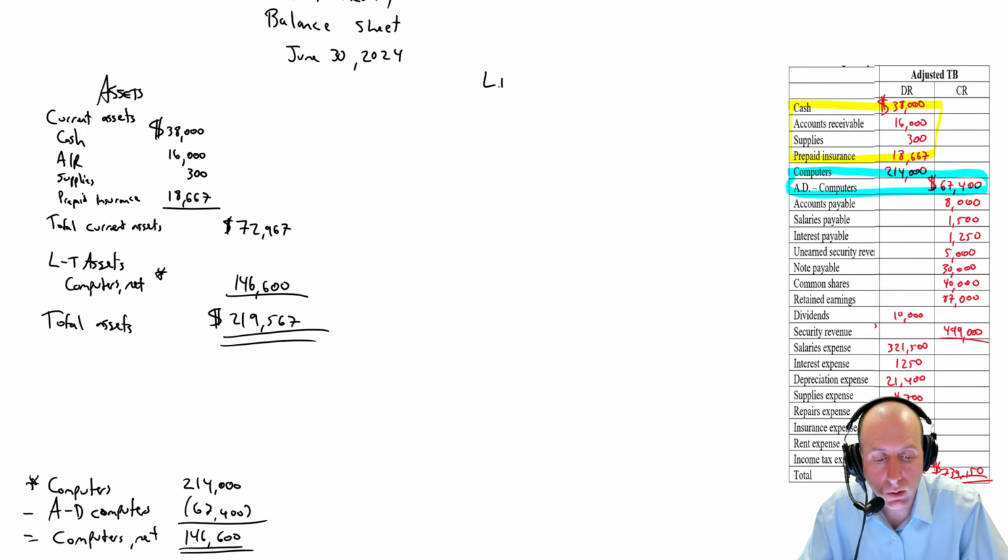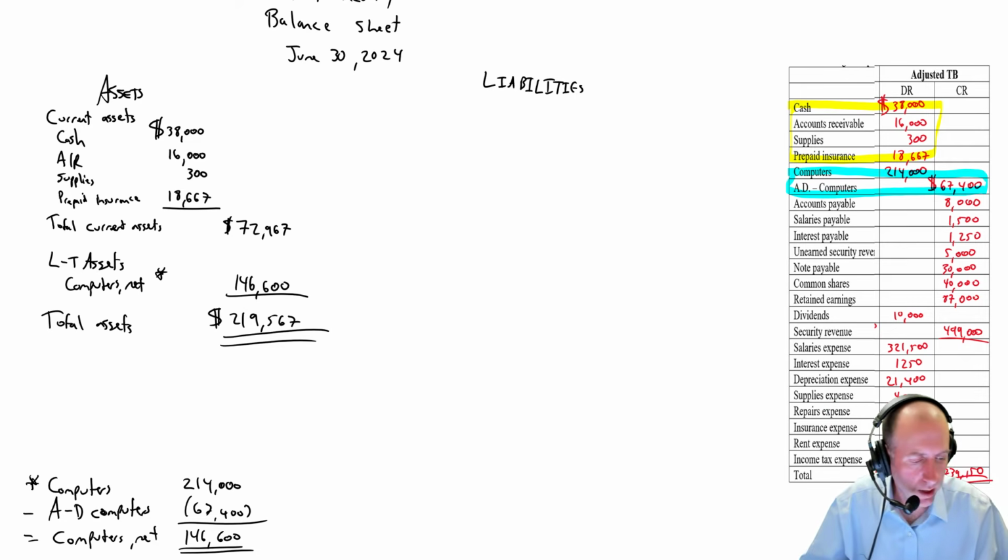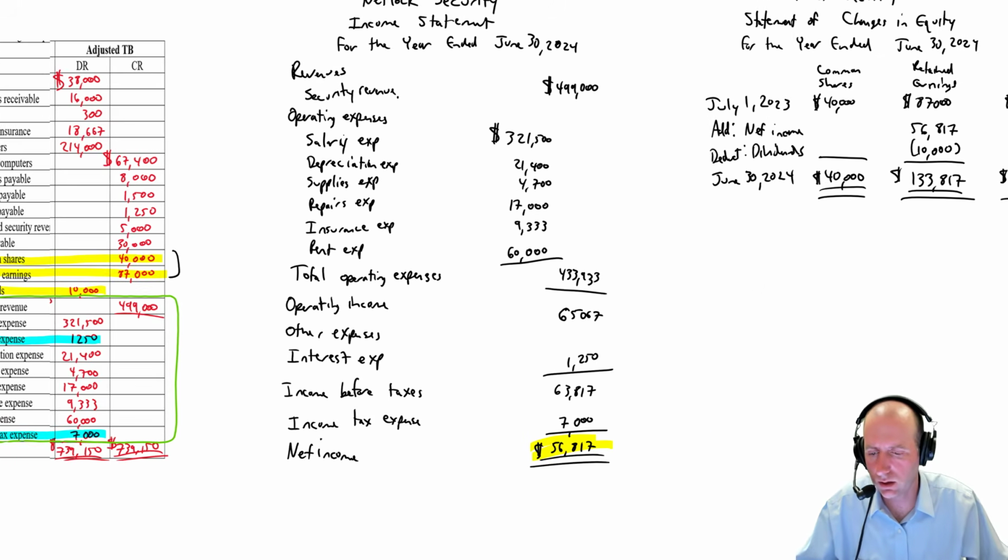Let's move over to liabilities. Liabilities should be right below there. There's our accounts payable, our salaries payable, our interest payable, and our unearned security revenue. And actually, come to think of it, I think the note payable was current. There's a little note about the note payable.